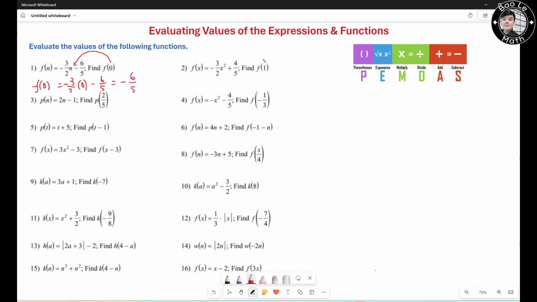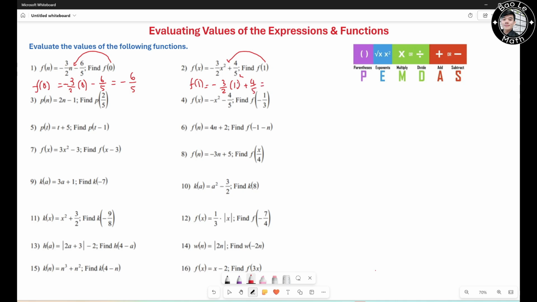We substitute 1 for x. Right? So we have f of 1 equals negative 3 over 2 times 1, altogether squared, plus 4 over 5.